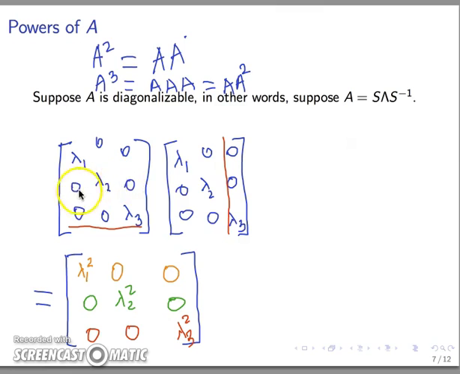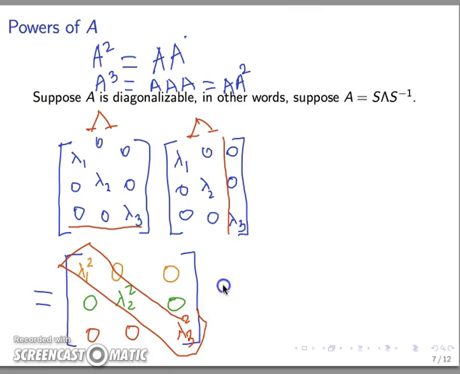So we can now think of this product as a matrix lambda multiplying another matrix lambda, for the particular case of a 3 by 3 matrix. This is a matrix that is still diagonal, and the entries on the diagonal are squared.